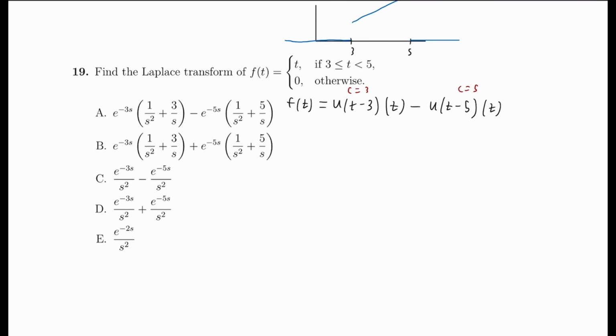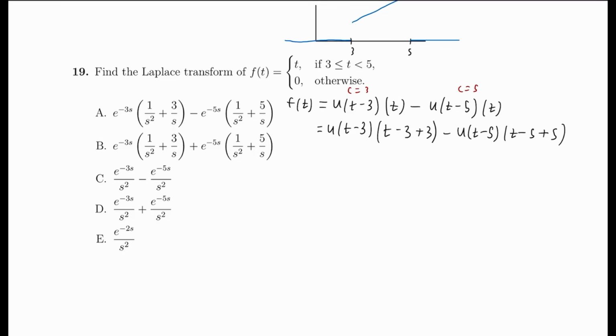So I like to rewrite this to keep it organized as u of t minus 3 times t minus 3 plus 3, minus u of t minus 5 times t minus 5 plus 5. If it's easier for you to think about just writing this as t plus 5 and knowing that this is now your new t, that works too. Whatever is going to keep you more organized is fine to do.